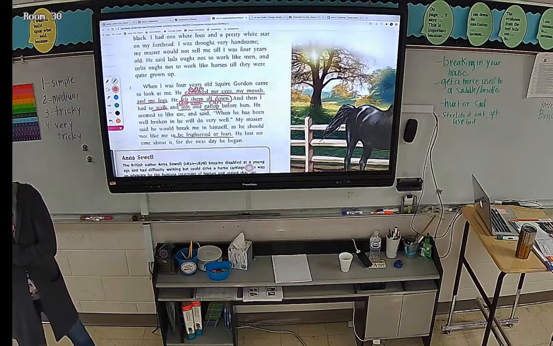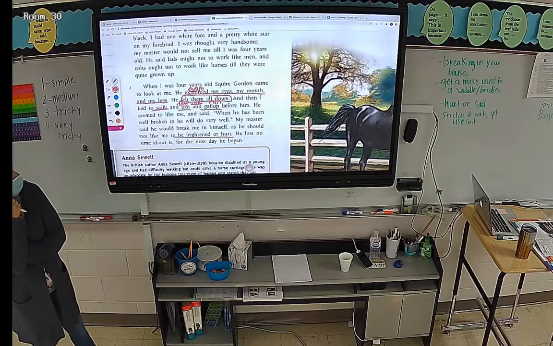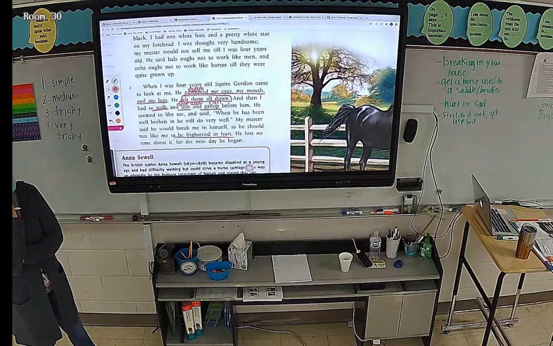It says he has been well broken in, so everything, like he's walking and galloping and all that, he's doing it easy because he's been well broken in. Read the rest of that. Start at the beginning of that sentence. He seemed to like me and said when he has been well broken, he will do very well.